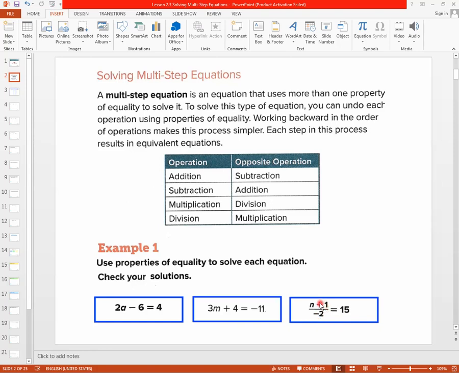And now moving positive 1 to the right-hand side. In the right-hand side, we have negative 30. Removing positive 1, it will be negative 1. So negative 30 and negative 1 is negative 31, and so on. Let's move forward.